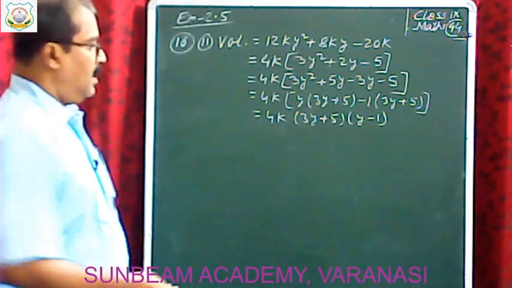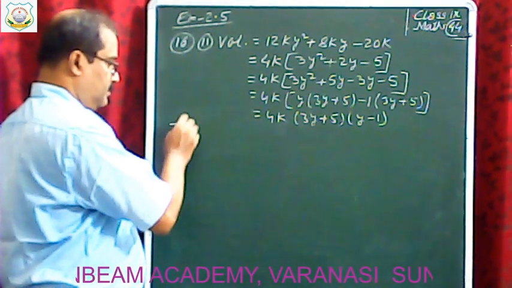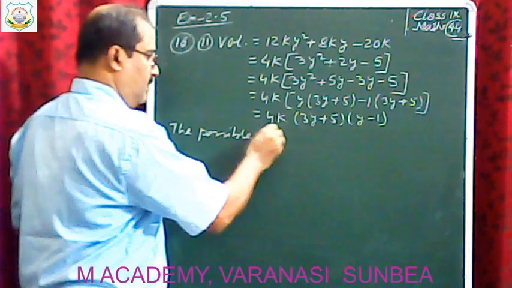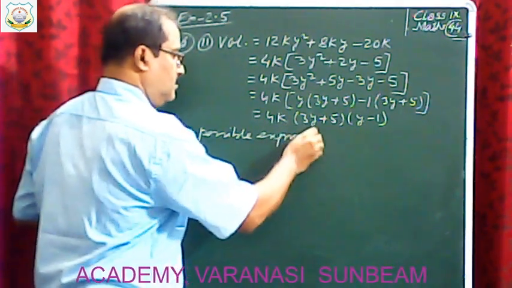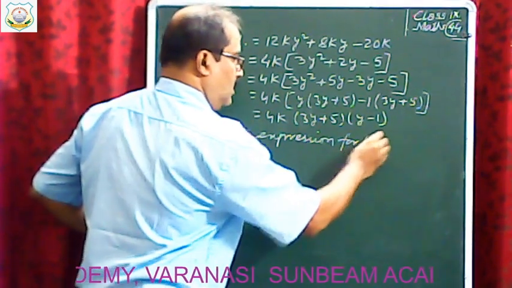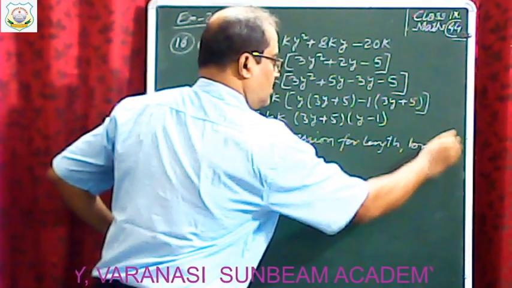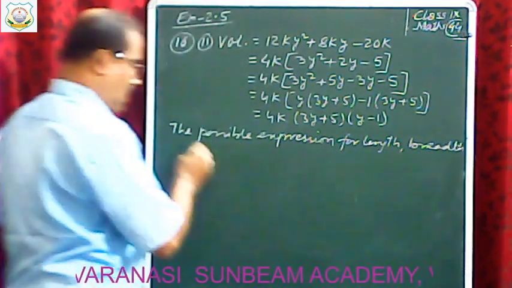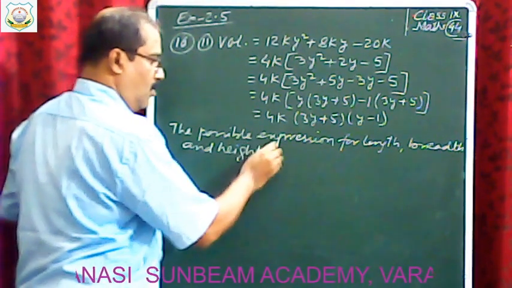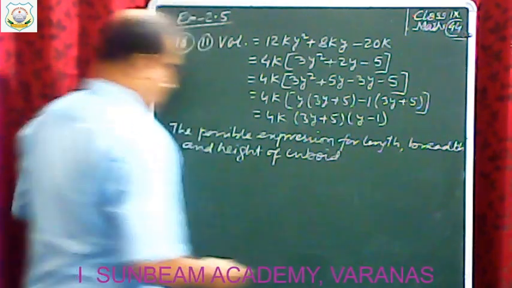All possible choices you have to write. You write in this way: the possible expressions for length, breadth and height of the cuboid.